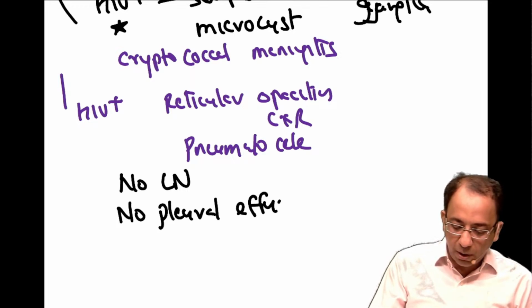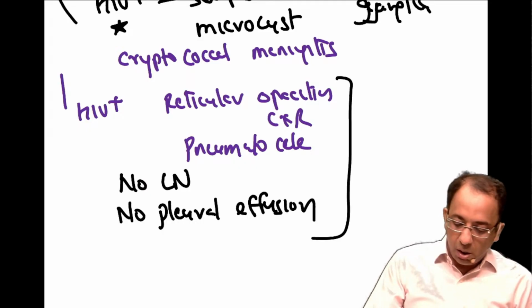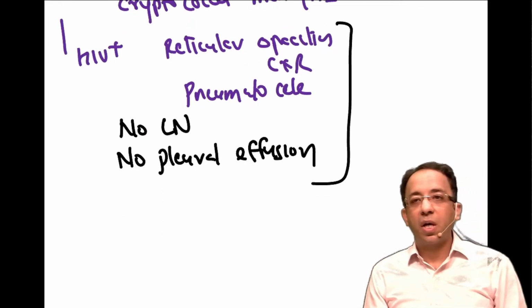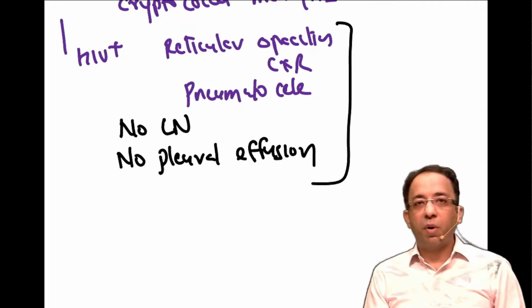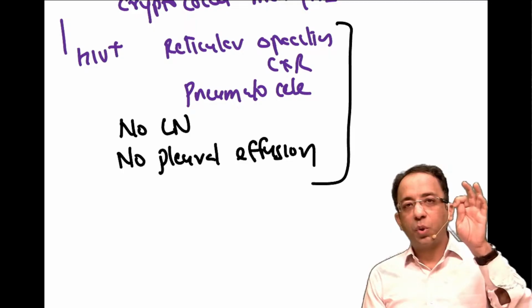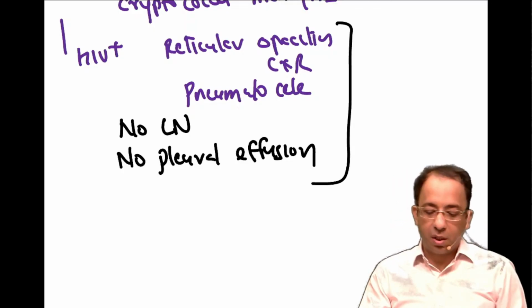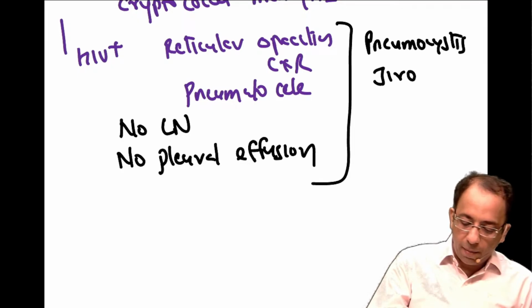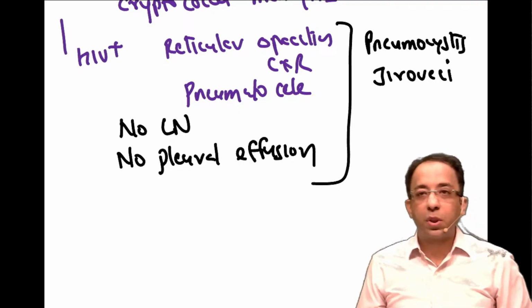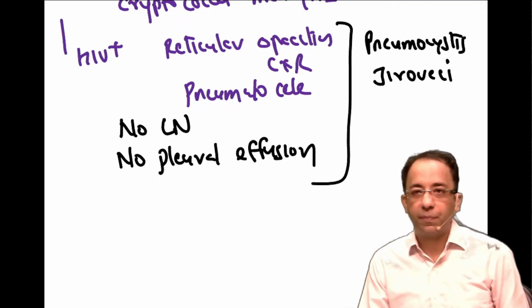What will you suspect? If a HIV positive patient has reticular opacities in the chest X-ray, pneumatocele formation, no pleural effusion, no lymph node, then what will you think? You will think of pneumocystis jirovecii pneumonia. Pneumocystis jirovecii pneumonia. Are you clear, beta?